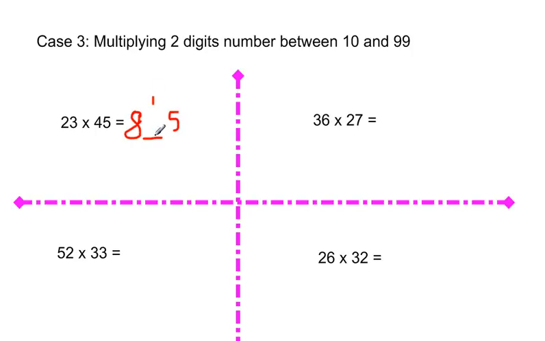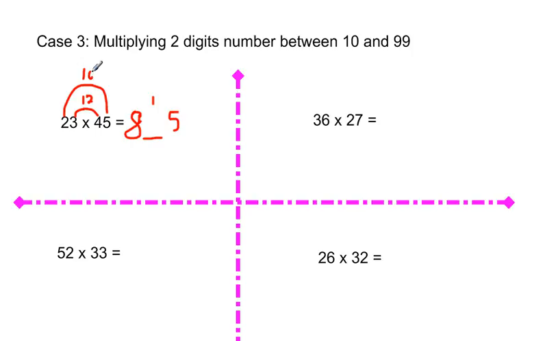To get my space in the middle, and the reason I know I'm going to hold that space, again, is that both of these numbers are in the tens, it's base 10. So I'm going to have this space open, and to find that answer, I'm going to multiply this 3 times this 4 and get 12. I'm going to multiply this 2 times this 5 and get 10.